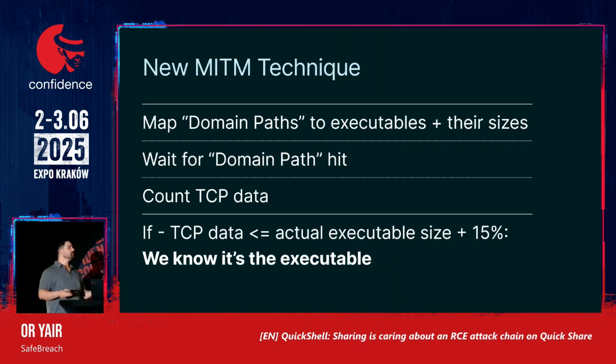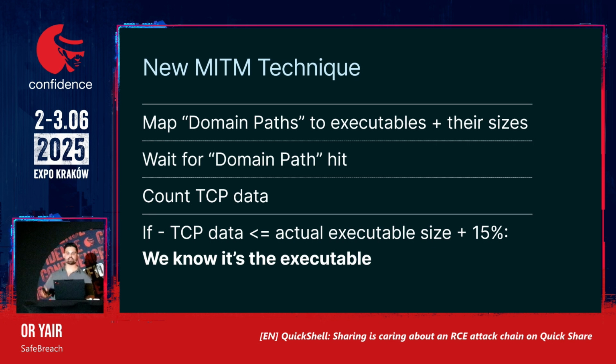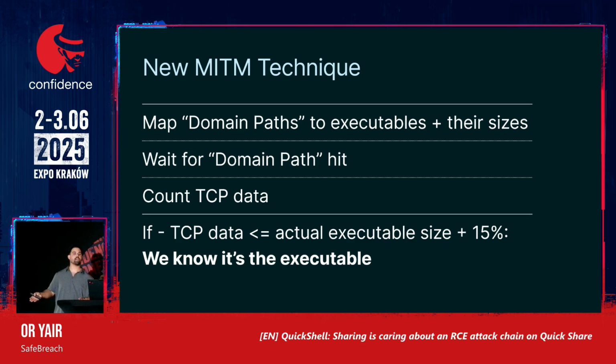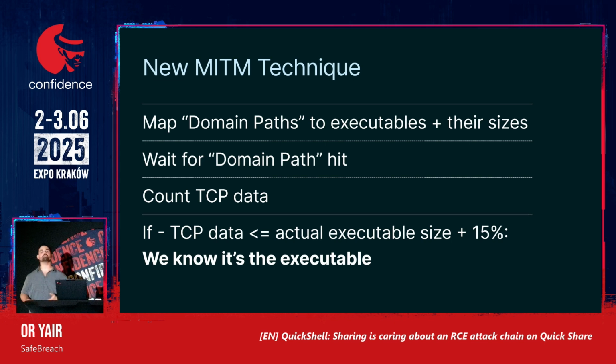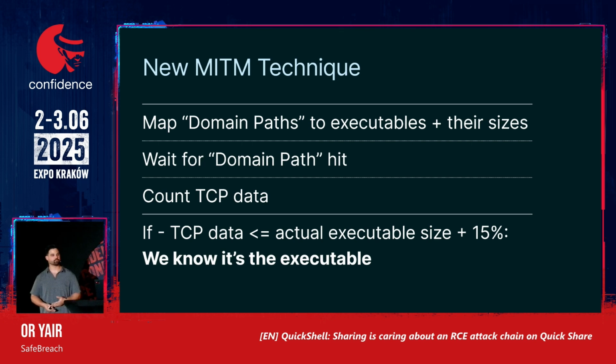So to conclude, this is how we defined our new man-in-the-middle technique that we invented. We start with mapping domain paths to famous and popular executables with their sizes. Then we wait for the victim to hit a certain domain path, and once that happens, we start counting the TCP data that is transferred from the server to the client.